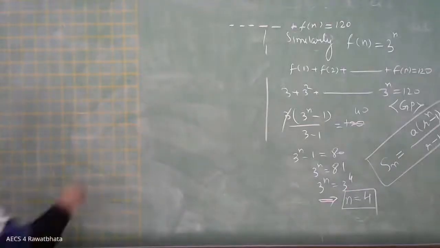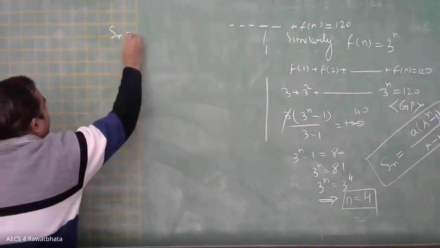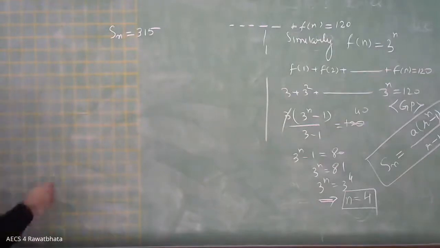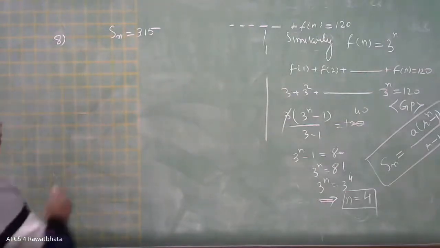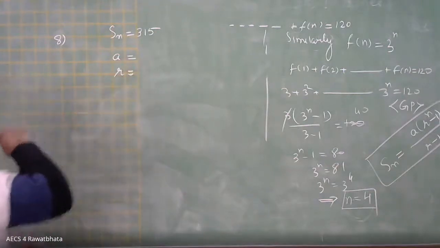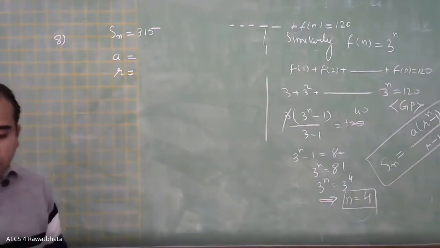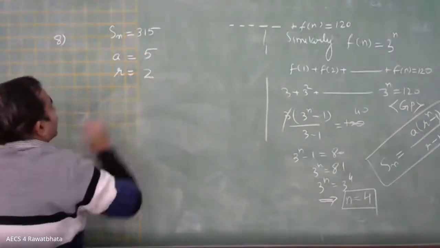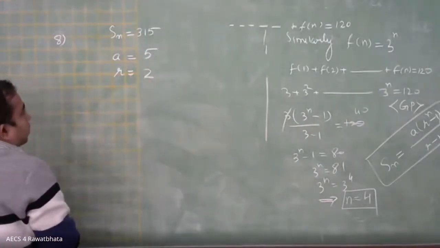Okay. So Sn is given of a GP, that is 315. This is question number 8th. And first term and common ratio, how much is given? A how much is given, Gaurav? First term 5 and r is 2. Yes. N I have to find out, and perhaps Tn also.